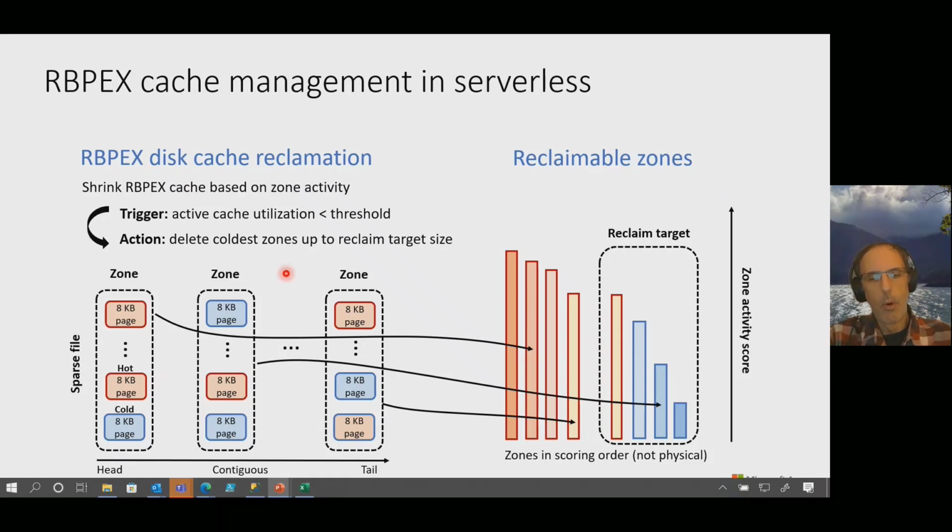Then we conceptually order those zones from the highest score, the zones with the highest number of hot pages, to the lowest score, the zones with the lowest number of hot pages. And we'll reclaim the coldest zones first. We'll trim the disk for this RPBX cache of those coldest zones first. Again, this is an example of how we're trying to be sensitive to the performance impact from these kinds of resource reclamation activities.